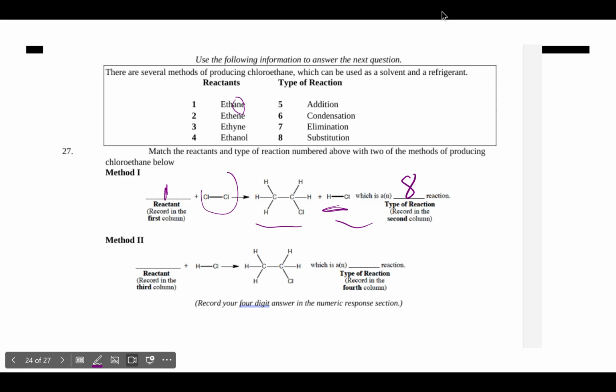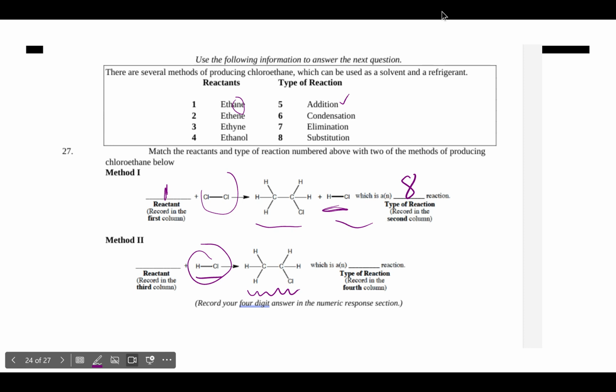In method 2, I'm adding in HCl to a hydrocarbon, and I'm only getting out one product. So that tells me I'm breaking a double bond and I'm adding my smaller molecule to the bigger molecule. So that would be addition.